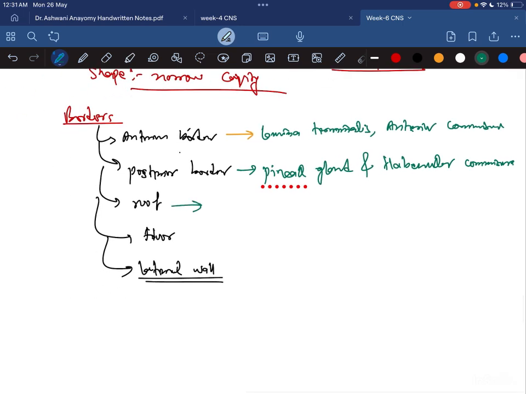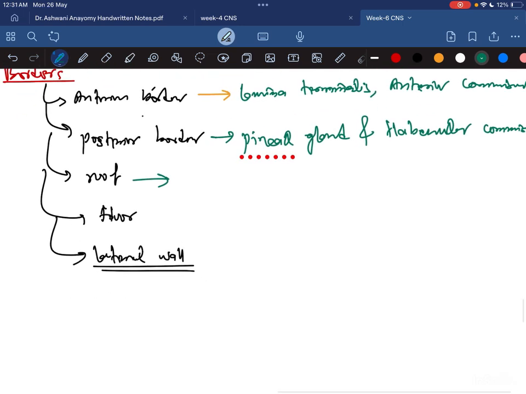Then when we look at the roof, there is tela choroidea and choroid plexus. These are forming the roof.